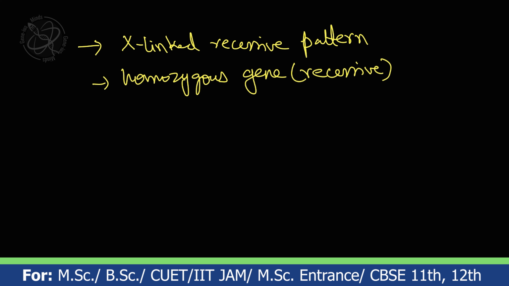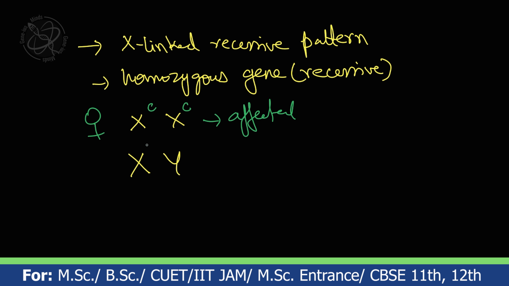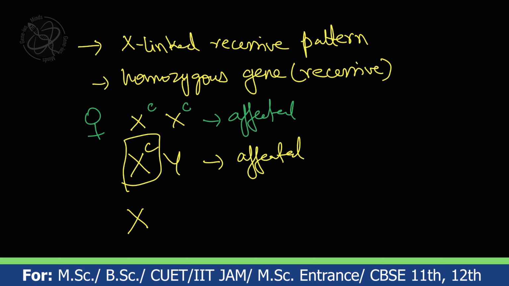In females, there should be the presence of the recessive gene in both X chromosomes. This is the affected female. When we talk about the male, if the single X chromosome is carrying the recessive gene, he will be considered affected. But in females, if only one of the X chromosomes is affected, then she is known as a carrier.